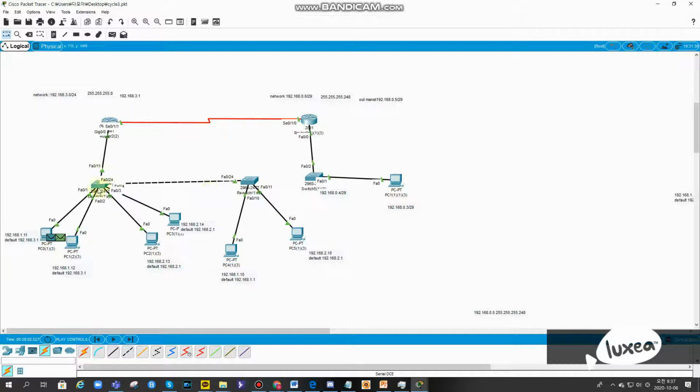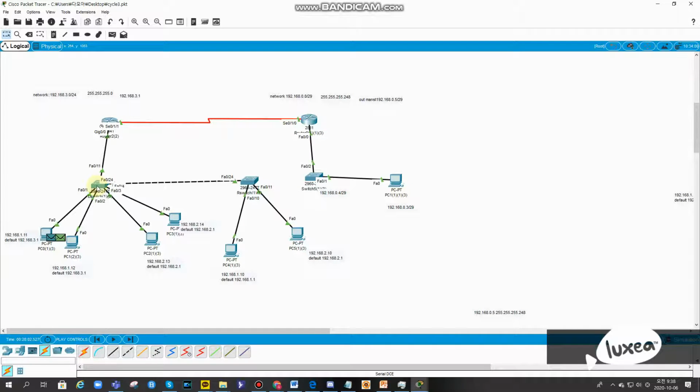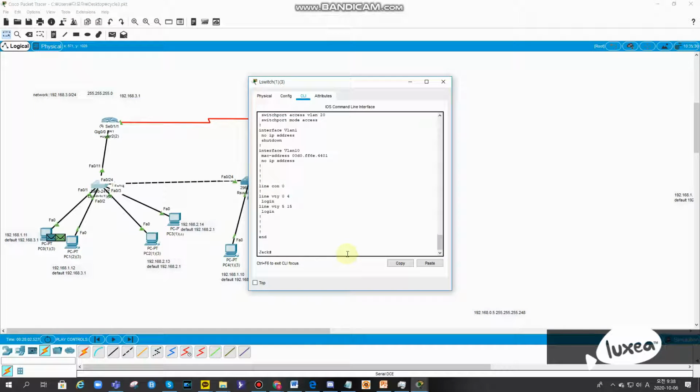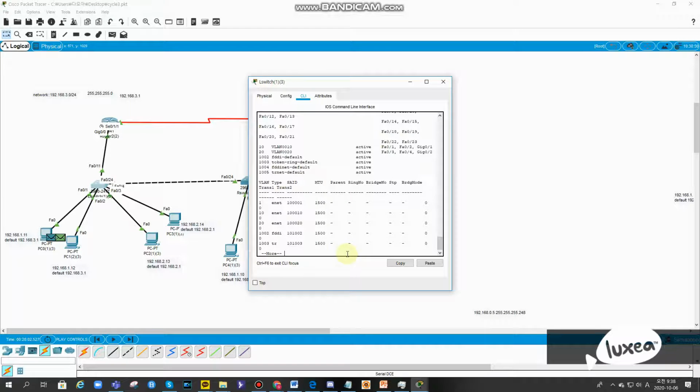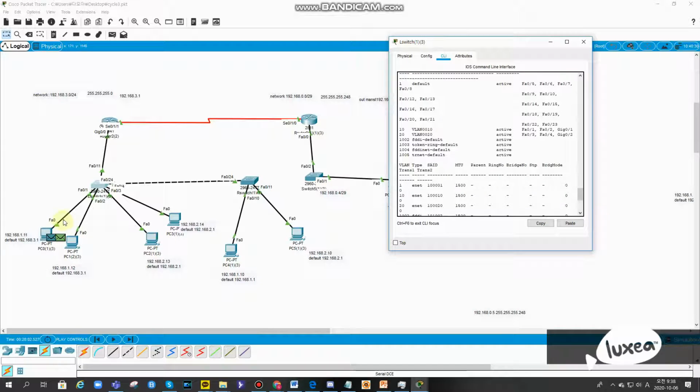And after that, if you want to check route or VLAN, what you're gonna do is show IP route, show VLAN. Okay, so what did I tell you guys? I did VLAN 10 and 20 in here, right? So what you can see is VLAN 10 and 20 in here.